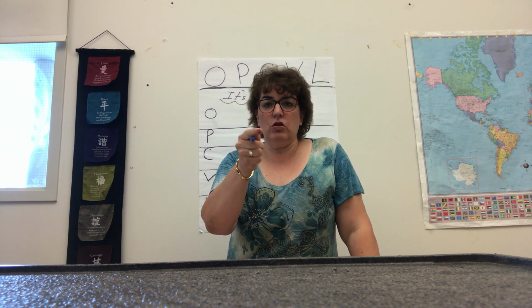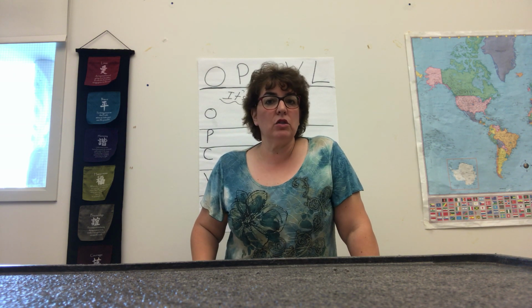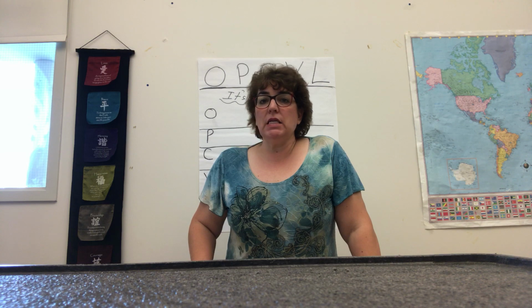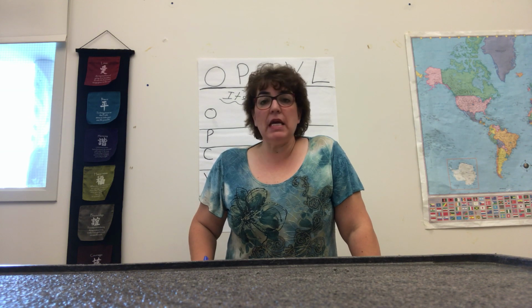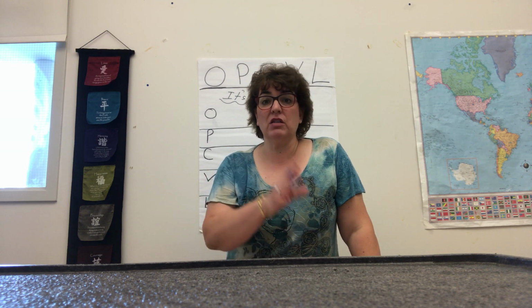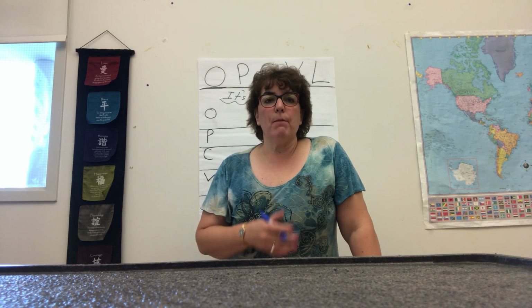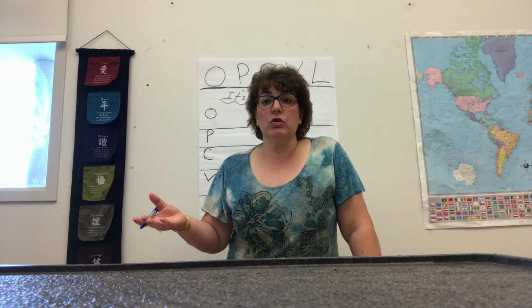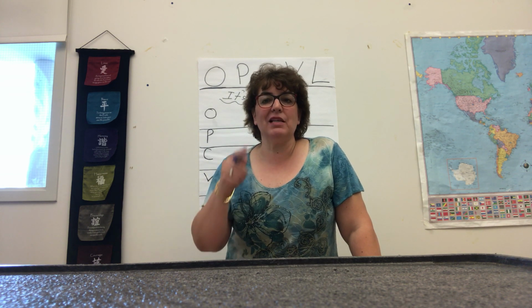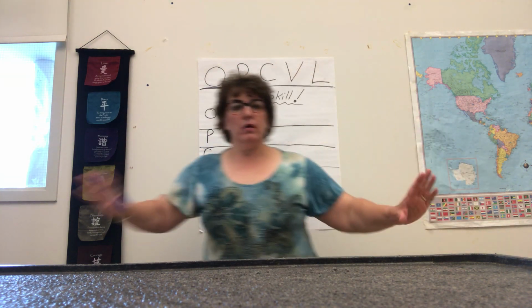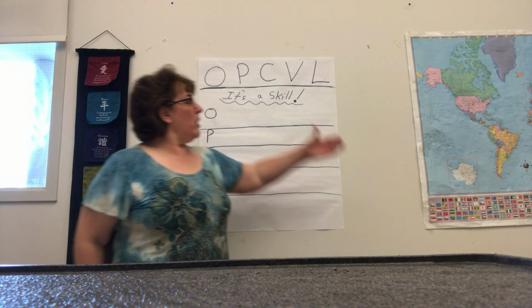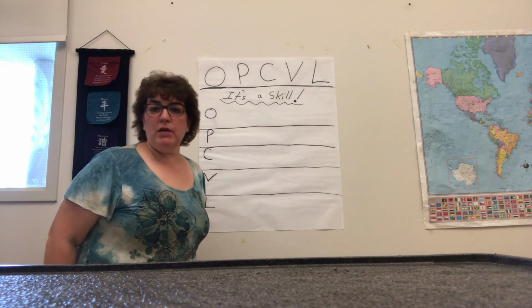Yours might look different from someone else's, but it could still be scored equally well based on the thoughtfulness of your response. So, all that aside, what in the world is the OPCVL?